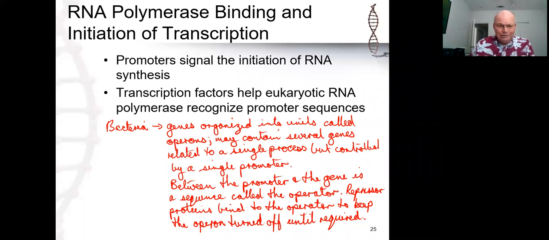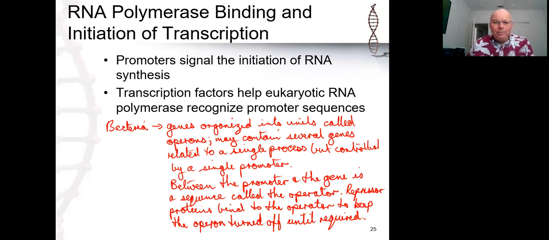In the presence of lactose, the repressor protein is inactivated. The lactose actually binds to it and alters its shape so it can't bind to the operator. That releases the lac operon to be transcribed because there's now lactose there and the genes are required. And that's the typical way in which the operons are controlled in a bacterium.